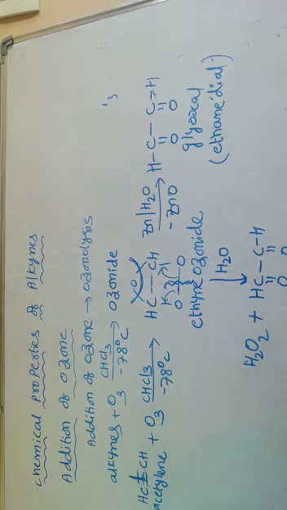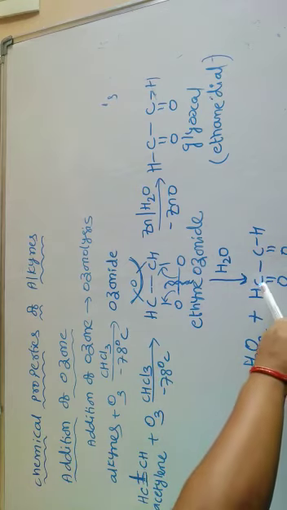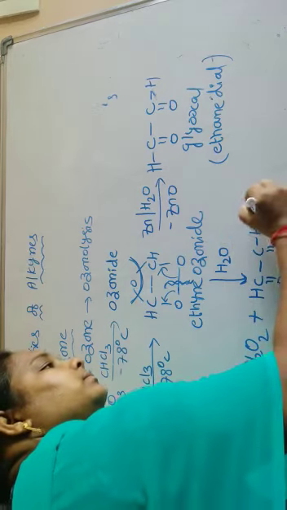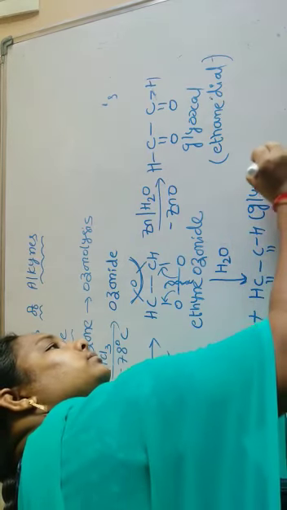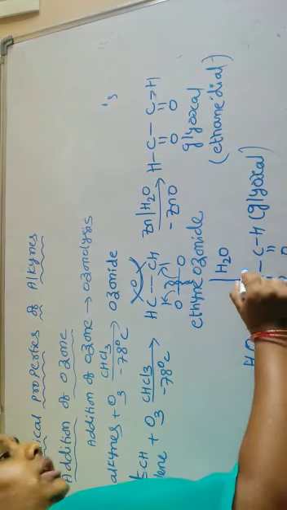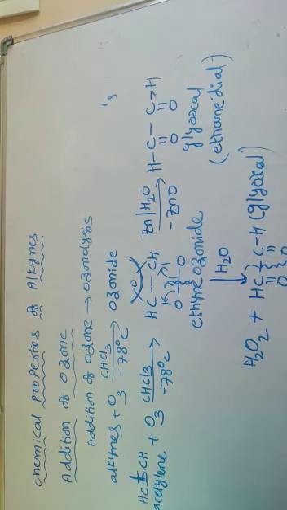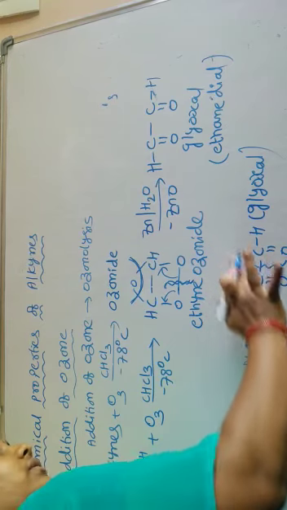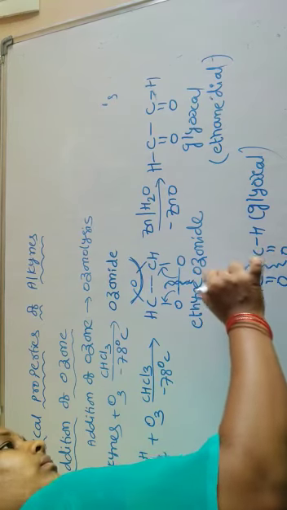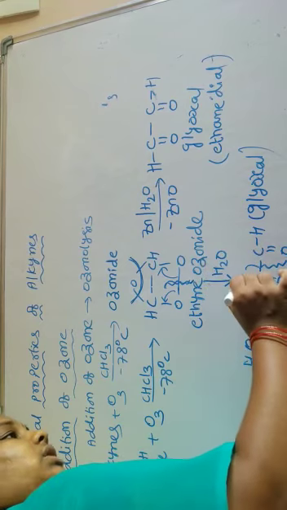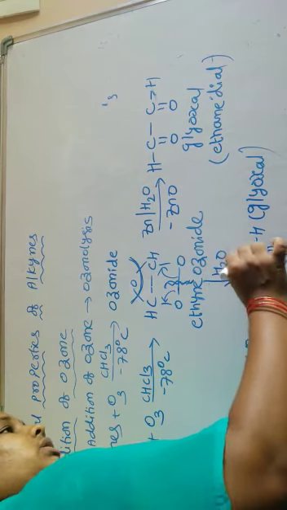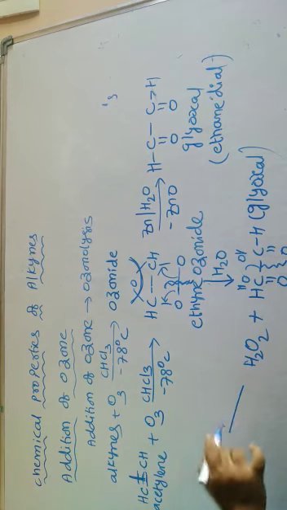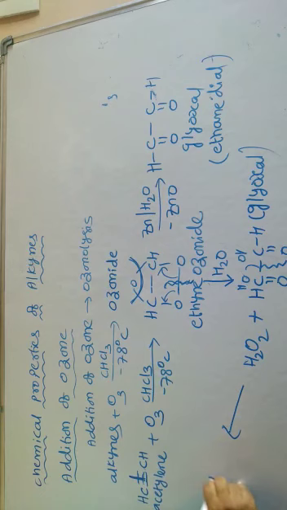The H2O2 further oxidizes this glyoxal and breaking of this bond takes place. Here addition of OH and OH takes place. So it forms HC double bond O OH, 2 moles of formic acid.